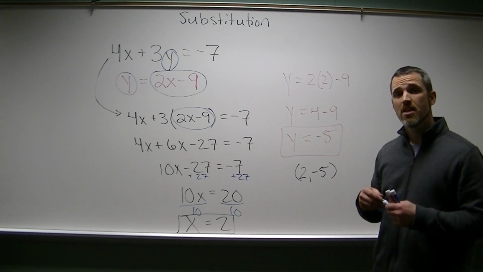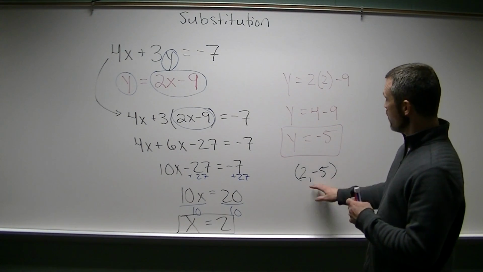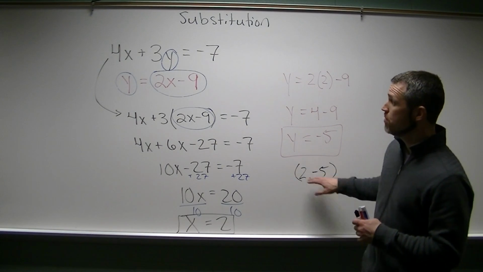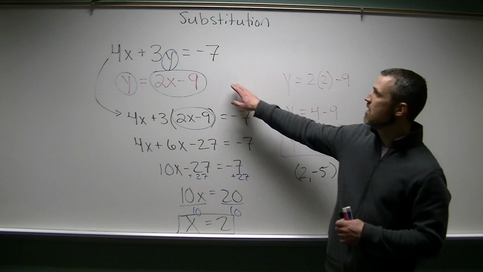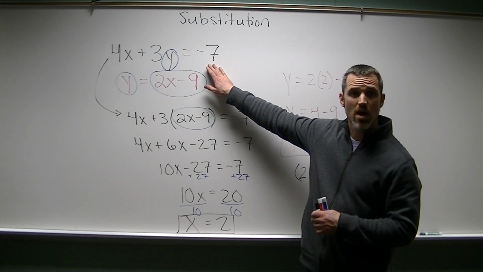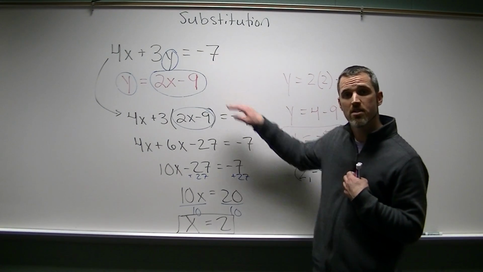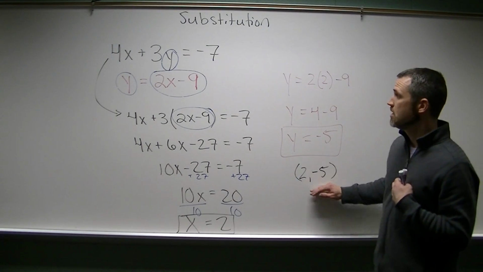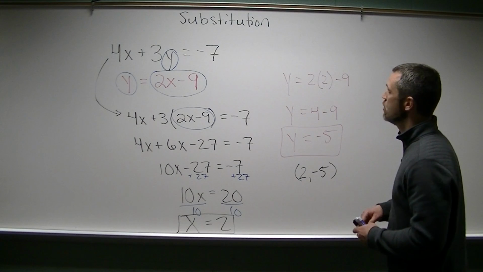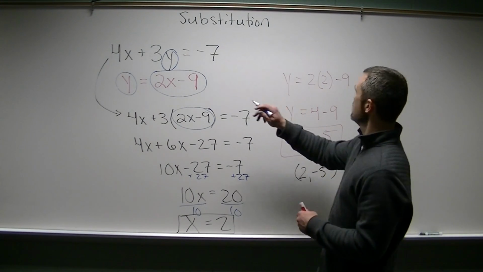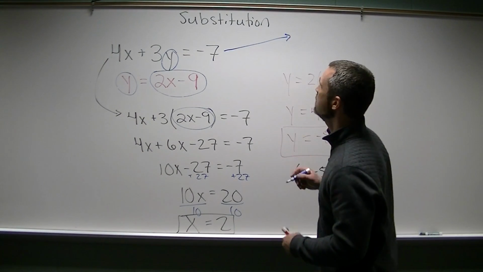And if I want to check this, this point should be on there. We already actually showed that it was on the red equation. If I want to check it, I could take this point and plug it into the top one as well. It should work out because this should be a solution to this equation and that equation. It should be on both. So I'm just going to show that really quick. Let's do an arrow over right here.